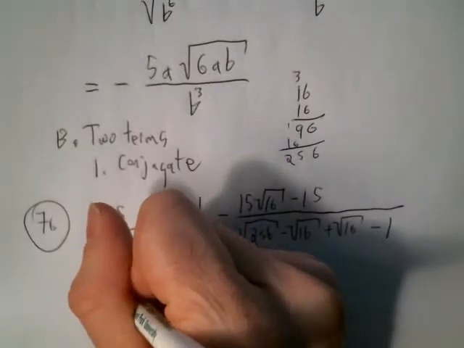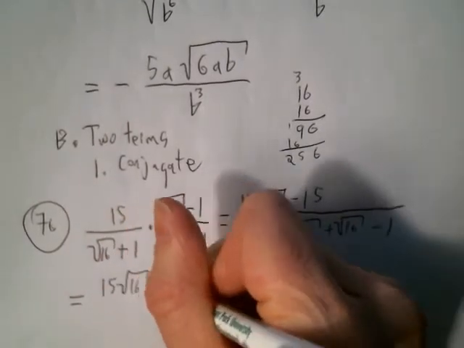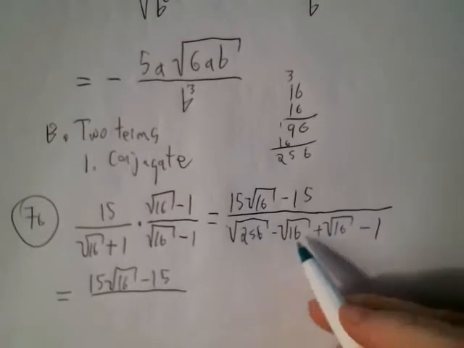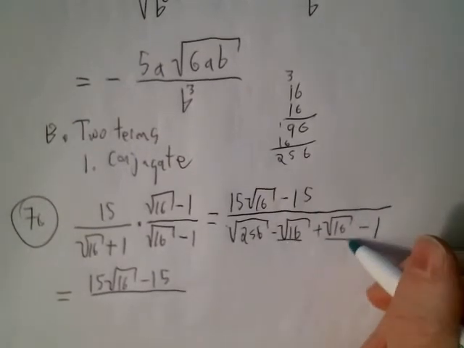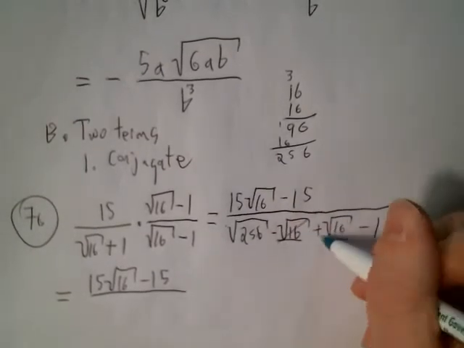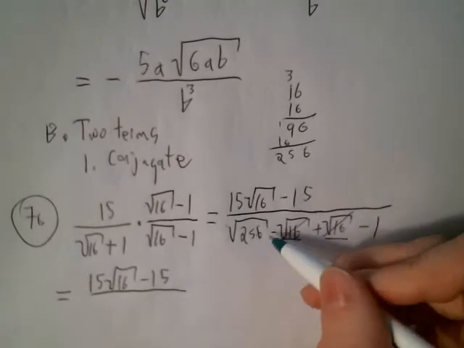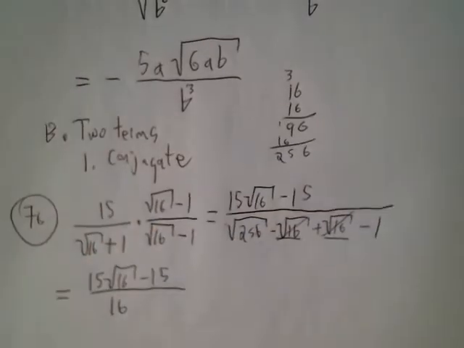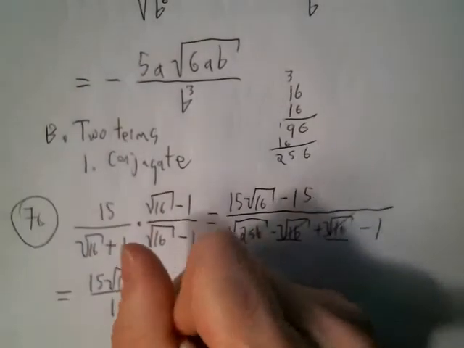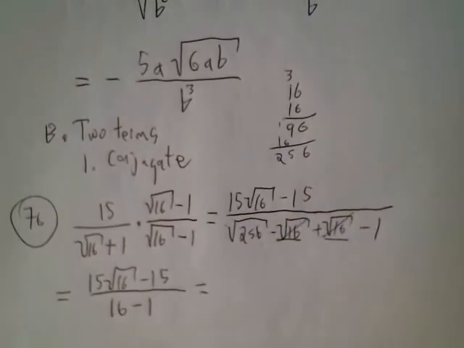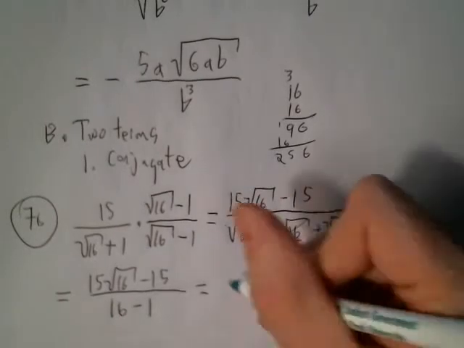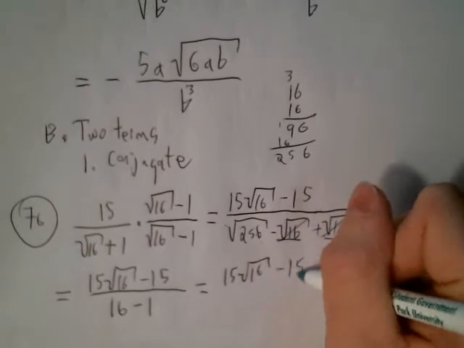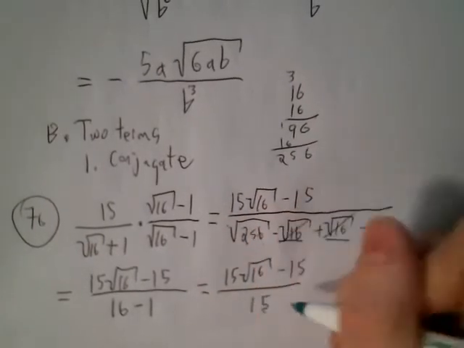So I have 15 square root 16 minus 15 all over... Negative square root 16 and positive square root 16 are additive opposites, so they cancel each other. The square root of 256 is just 16, and then minus 1. So I have 15 square root 16 minus 15 all over 15.